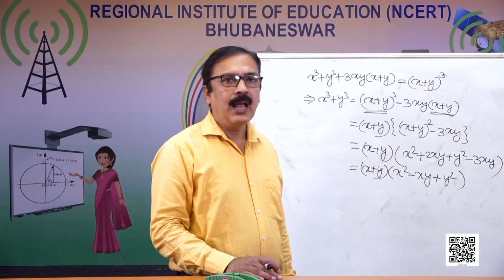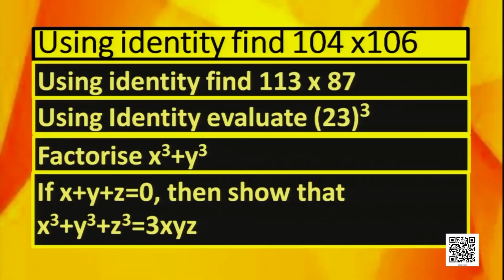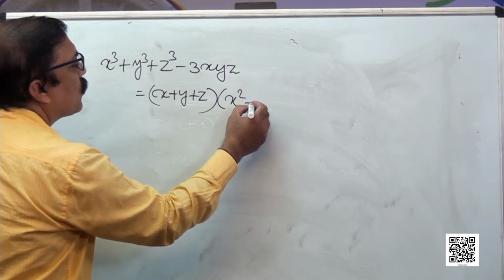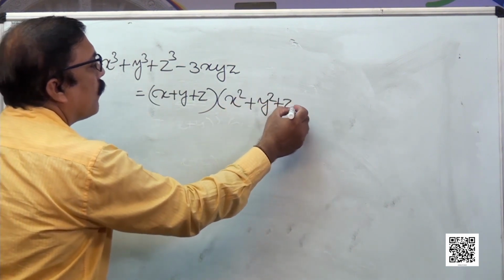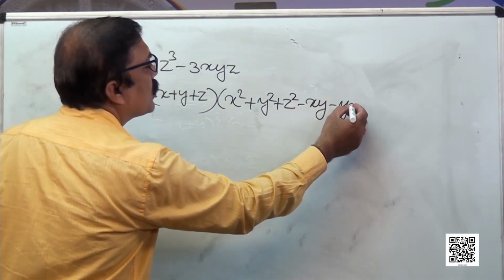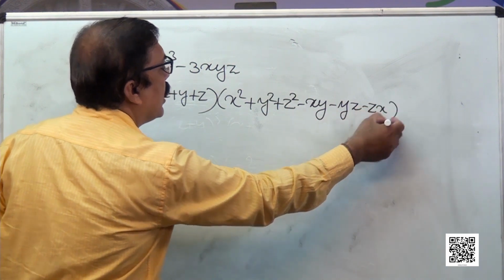Now another question using the identity of x cube plus y cube plus z cube minus 3xyz. We know that x cube plus y cube plus z cube minus 3xyz is equal to x plus y plus z into x square plus y square plus z square minus xy minus yz minus zx.